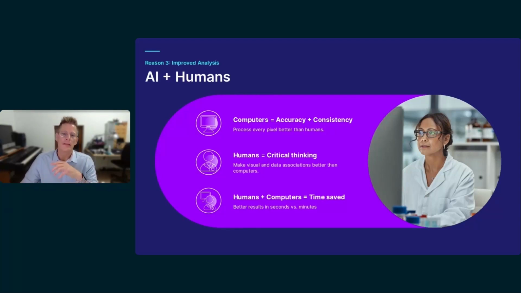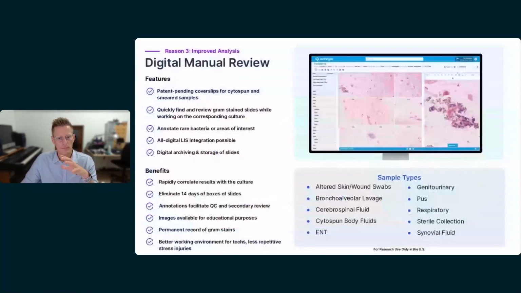Now, this applies directly to bacteriology and the Gram stain because our software has two different versions today. Our first collaboration with Mayo Clinic resulted in a bacteriology tool for all of the sample types that you see on your screen today. And it doesn't yet include the AI.